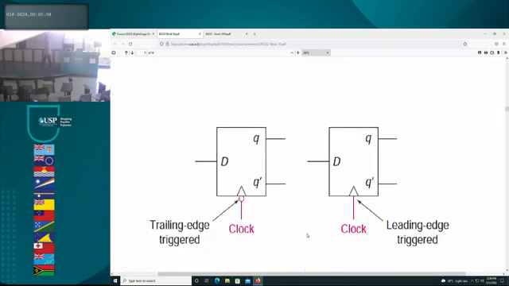What the clock means is, at what point in time do we tell the flip-flop to now read? Otherwise it will be continually reading. It's like you pressing the memory button.